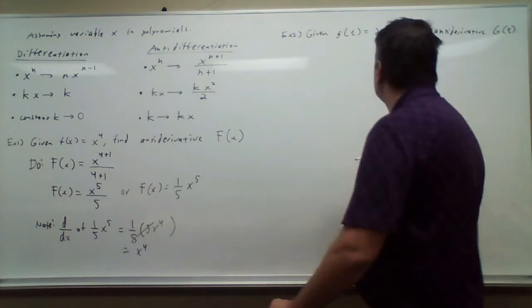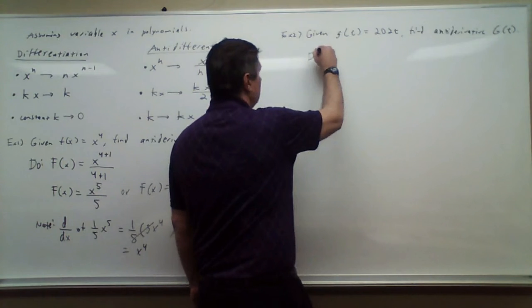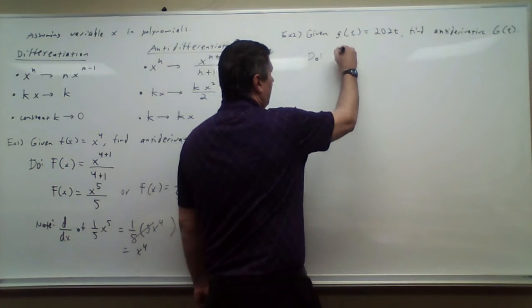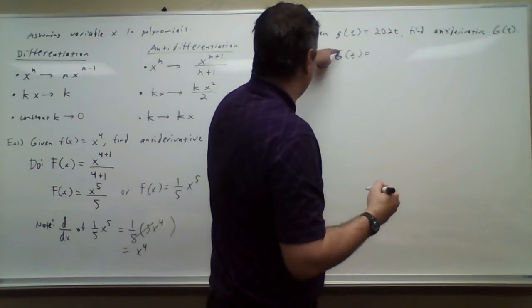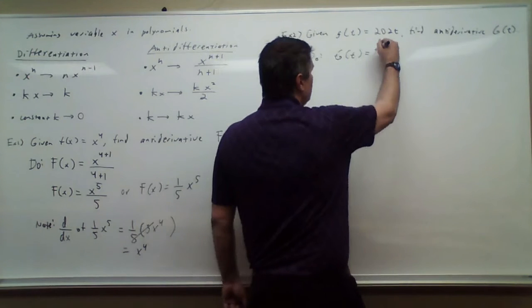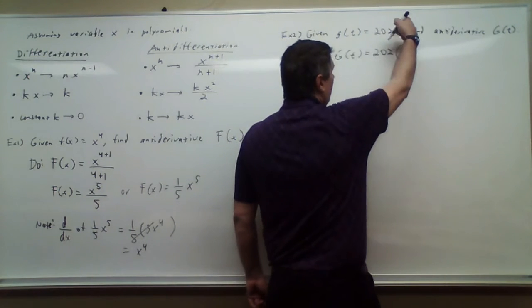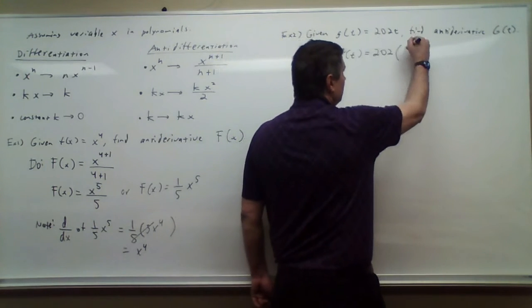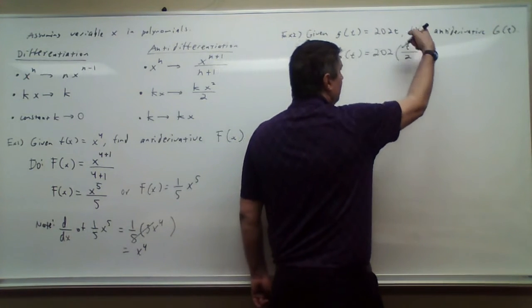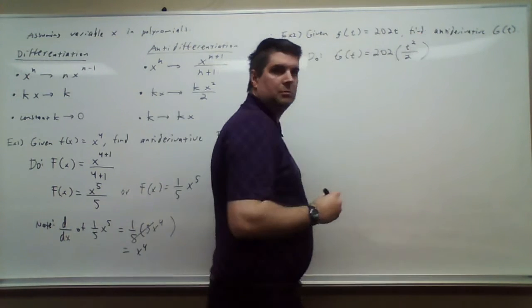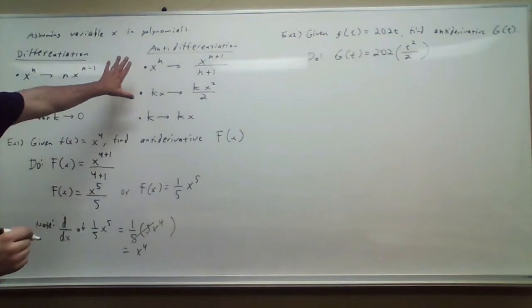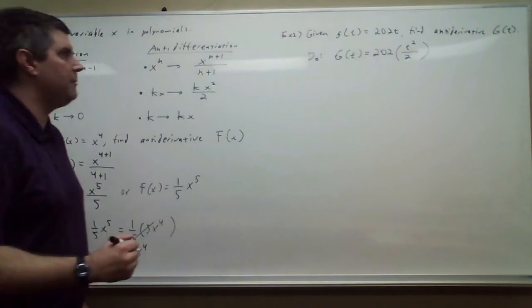So here goes. Capital G of t would equal, because it's the antiderivative, 202. We're going to go up a power. This was t to the first, so this will be t squared. And the new power on top is also your denominator. Okay, we're basically following these two rules at the same time.